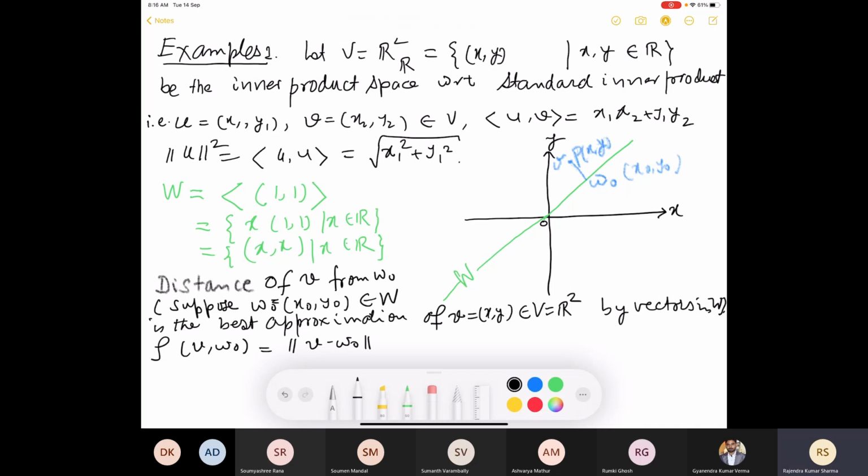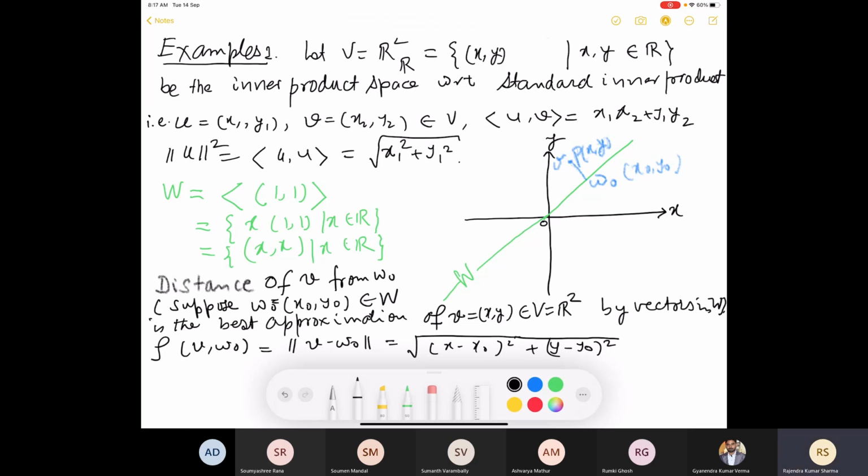Now you can see, as I have described already, that this can be seen using the formula that norm square of U is U comma U, and then you can use for the coordinates V minus W, and that gives you that this is basically the square root of X minus X naught square plus Y minus Y naught square, which is the usual standard formula for distance in 2 dimensions Euclidean plane.